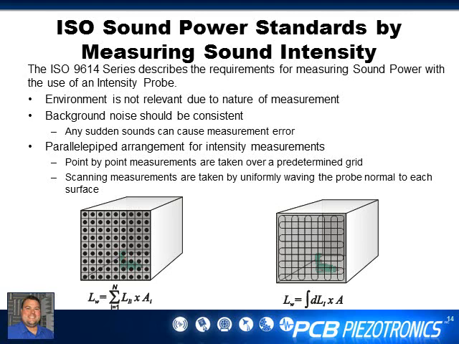Now, the other part about this is that measuring each and every one of these dots can be difficult. It can be a pain. And even the scanning method, making sure that you have a consistent scan over the entire source, that's a difficult thing.